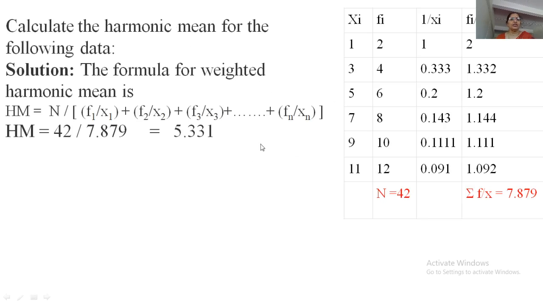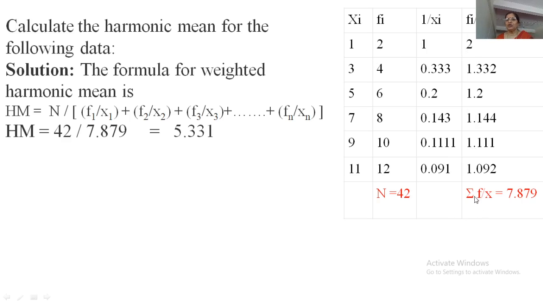So here also one example I have taken. Here I have suppose observations 1, 3, 5, 7, 9, 11. So how many observations are there? 6. And the corresponding class frequencies are fi. So you take the reciprocal of 1, 3, 5, 7, 9, 11 like this and multiply it by your class frequency fi, the weightage.